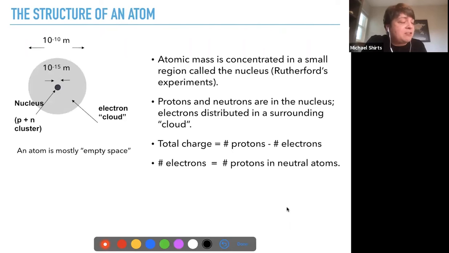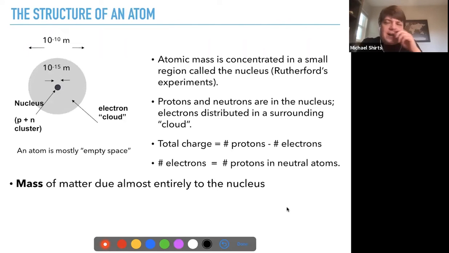Therefore, the number of electrons is equal to the number of protons in neutral atoms. So the mass of matter is due almost entirely to the nucleus. There's the same number of protons and electrons, and protons are 2,000 times heavier, and there's a bunch of neutrons as well, usually about the same number as protons, a little bit more.